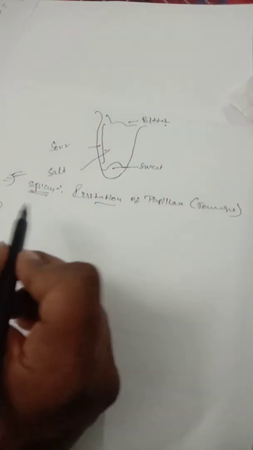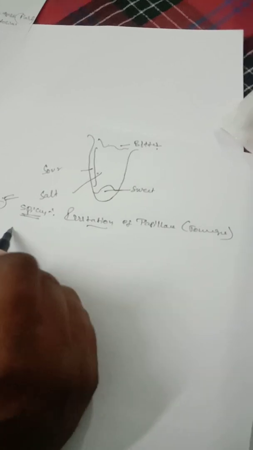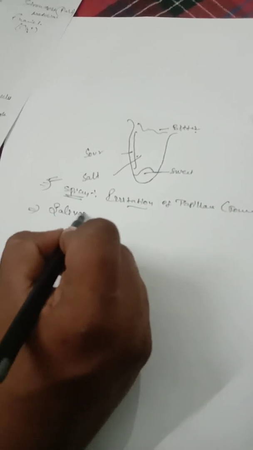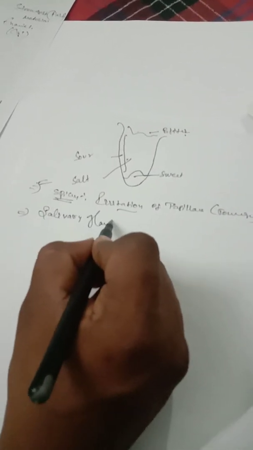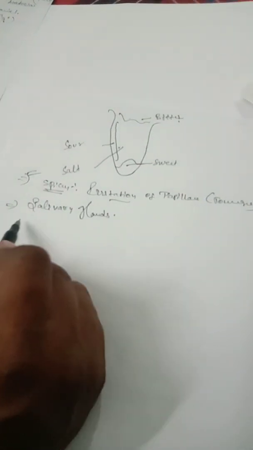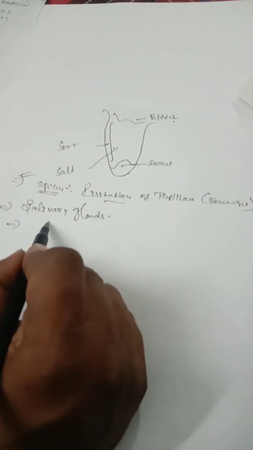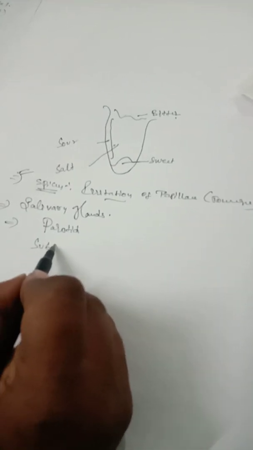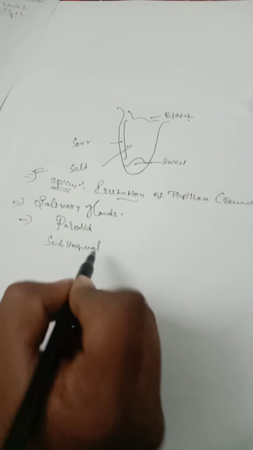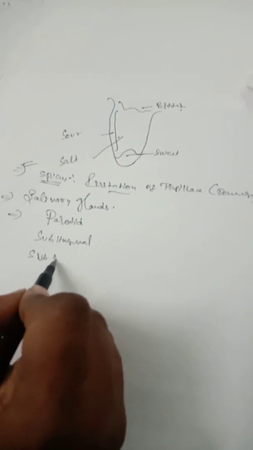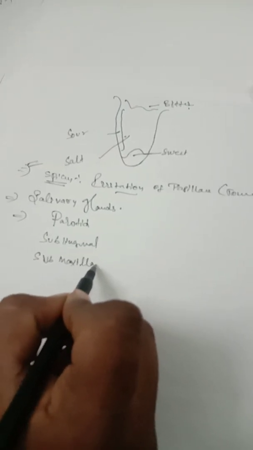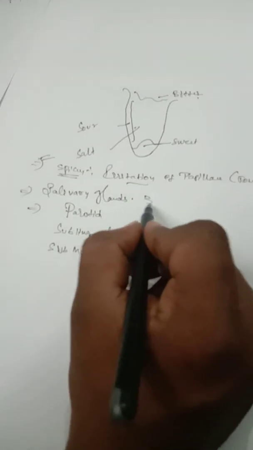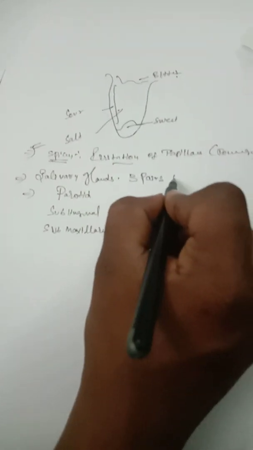Next, salivary glands are also present in our buccal cavity. What are the salivary glands? Parotid, sublingual, submaxillary. Like this, three pairs of salivary glands are present.